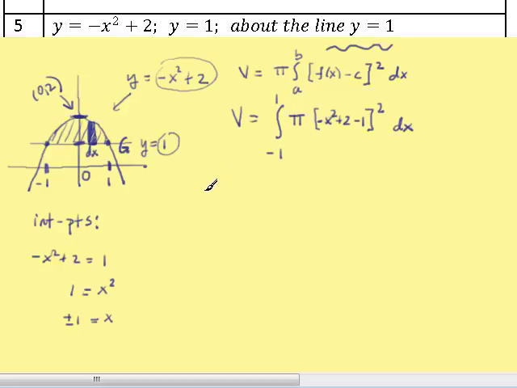All right, so let's do that. First we're going to square this out. I'll bring the pi out. And what are we squaring? We have minus x squared plus 2 minus 1, which is plus 1, squared. So we're just going to FOIL that out.